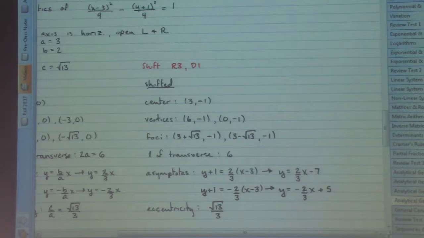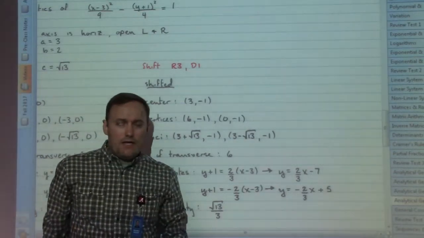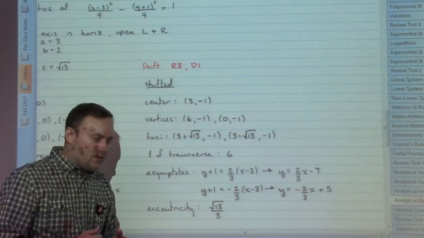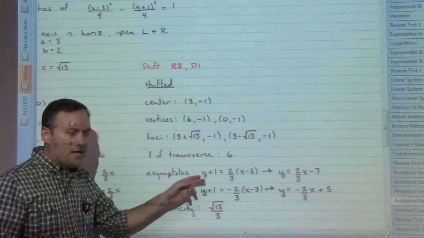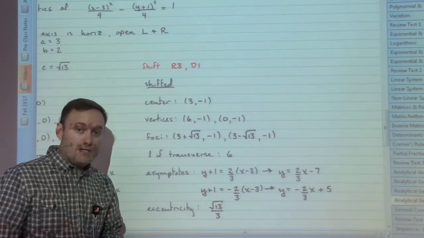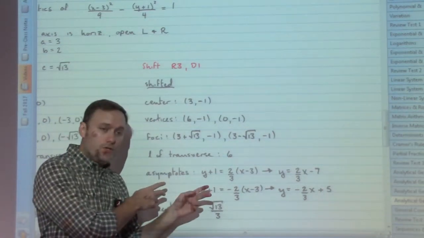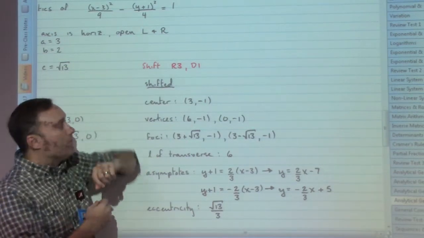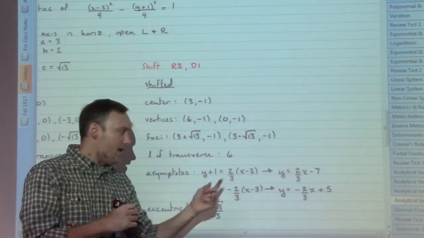Now, if you do not follow my suggestion about shifting those asymptotes, it could be very easy for you to make a mistake. First of all, like what we had said originally, I'm listing those asymptotes separately so that when I do shift them, according to my original equation, instead of x, I have an x minus 3.